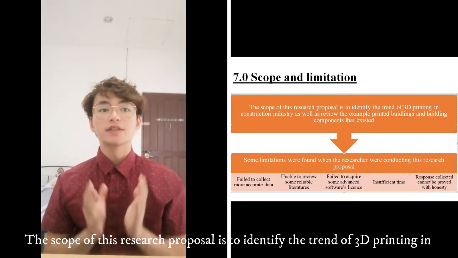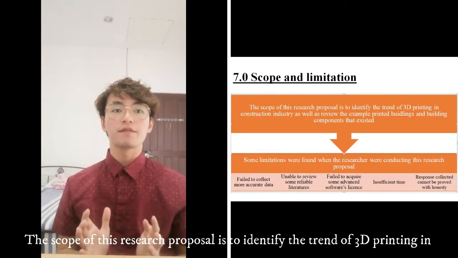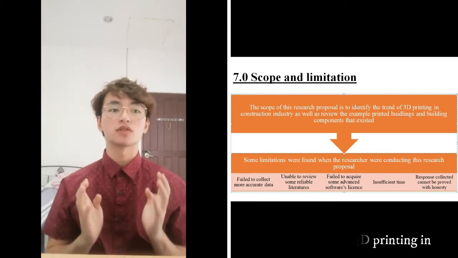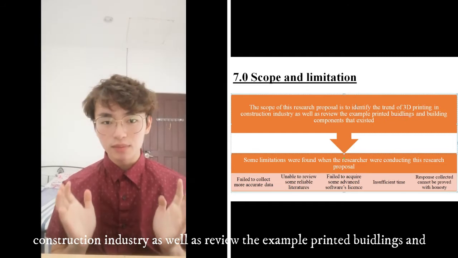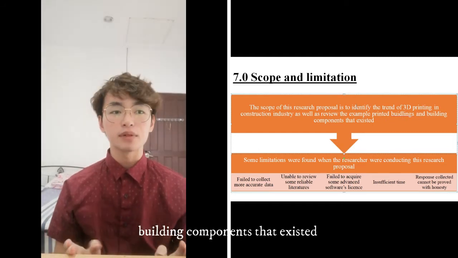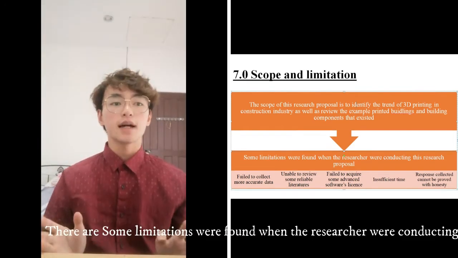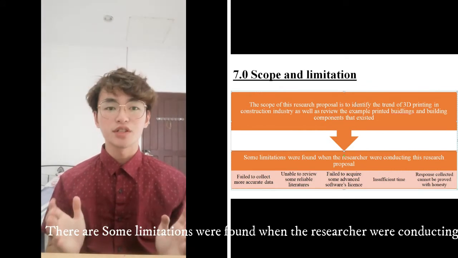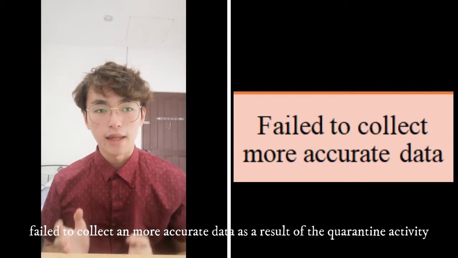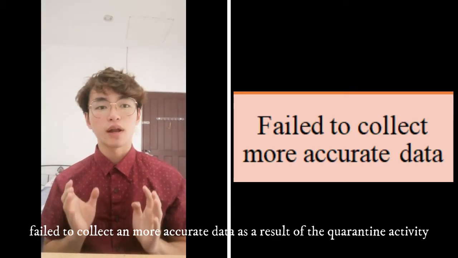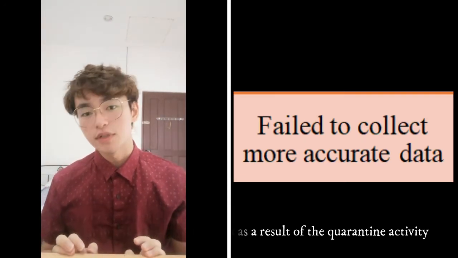The scope of this research proposal is to identify the trend of 3D printing in the construction industry as well as review the example printed buildings and building components that exist. There are some limitations found when the researchers were conducting this research proposal. Failed to collect accurate data because of the quarantine activity.